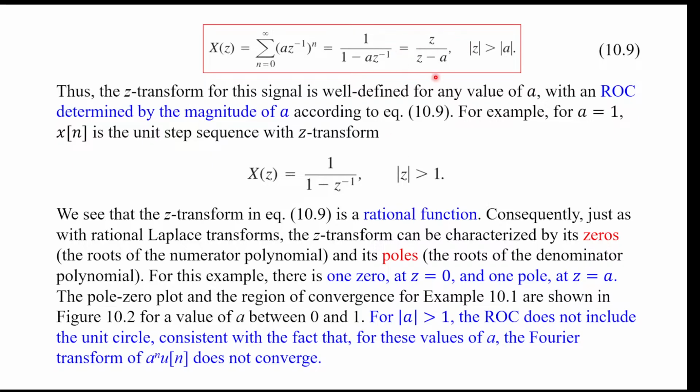And unfortunately, this is more complicated than what we get from the Laplace transform, because we have uppercase Z and also lowercase z. So this thing has both a 0 and a pole. It has a 0 at 0 and a pole at a.